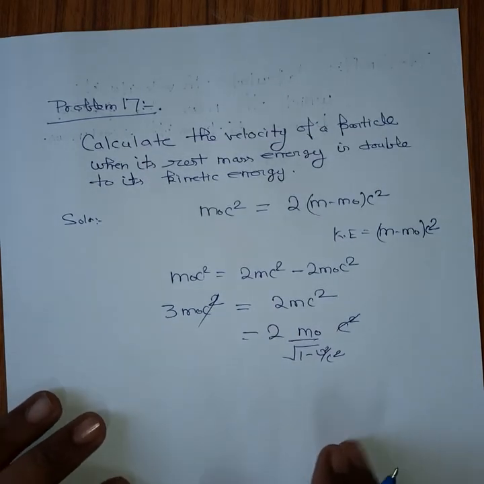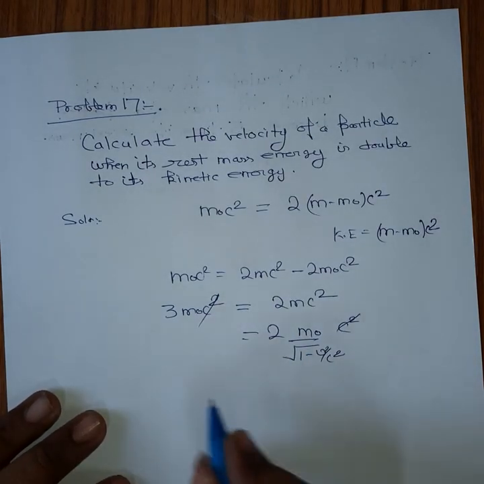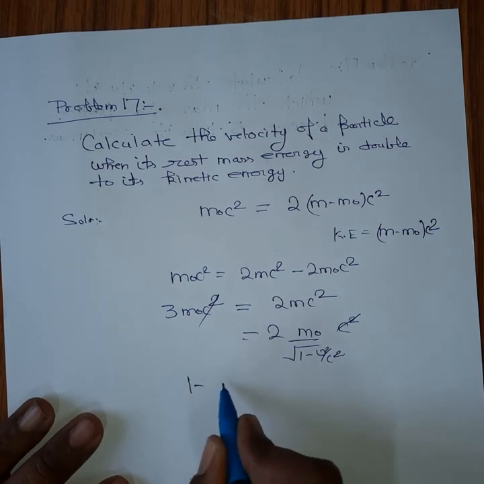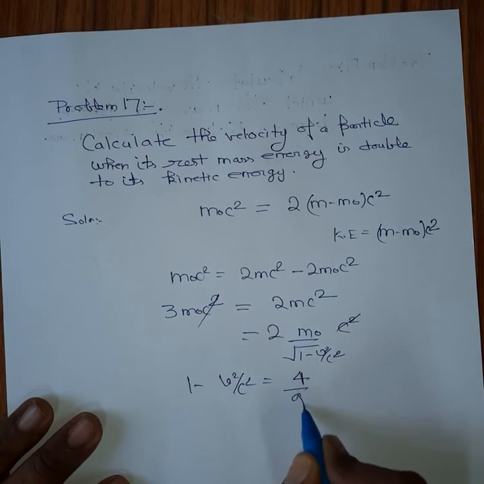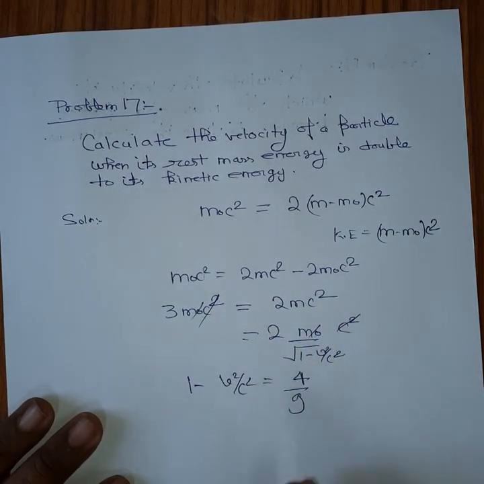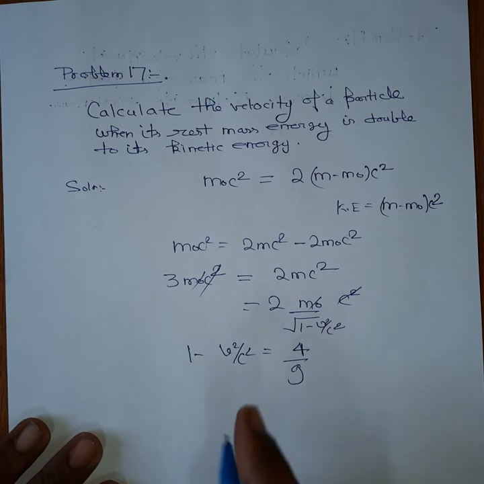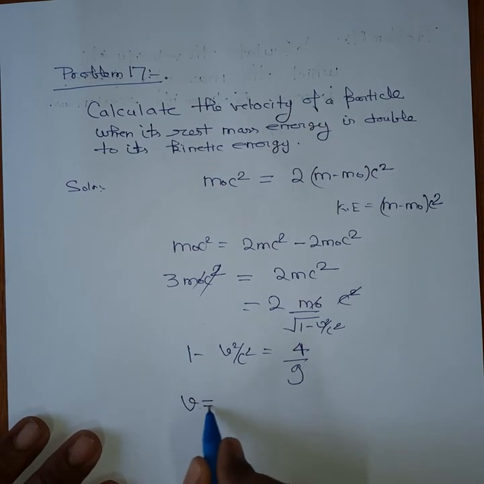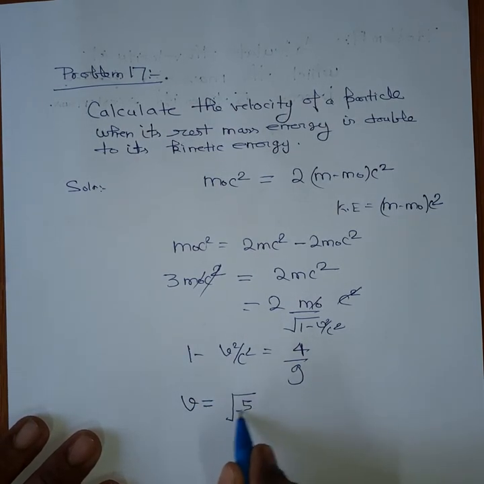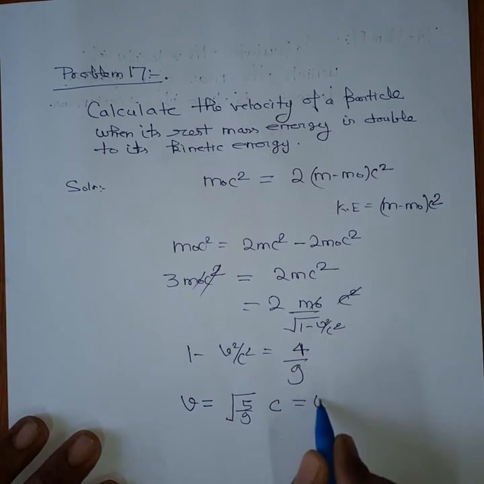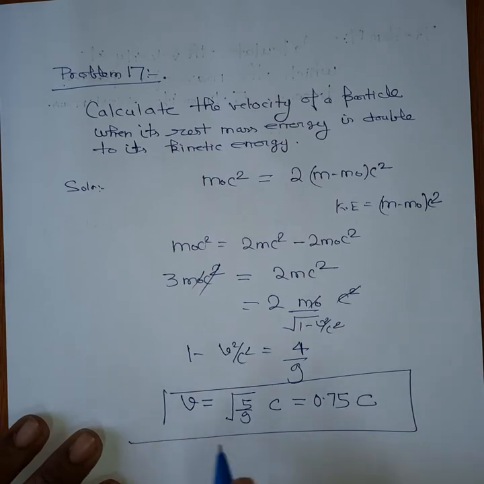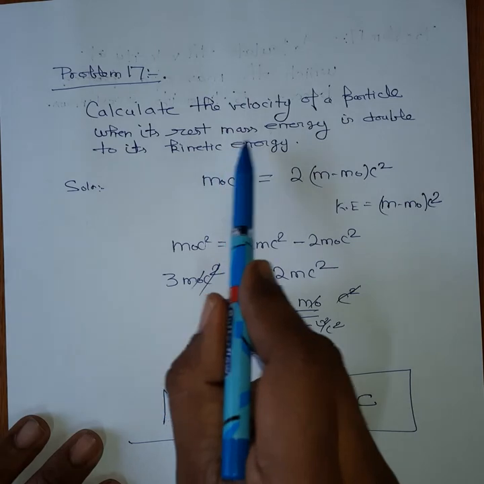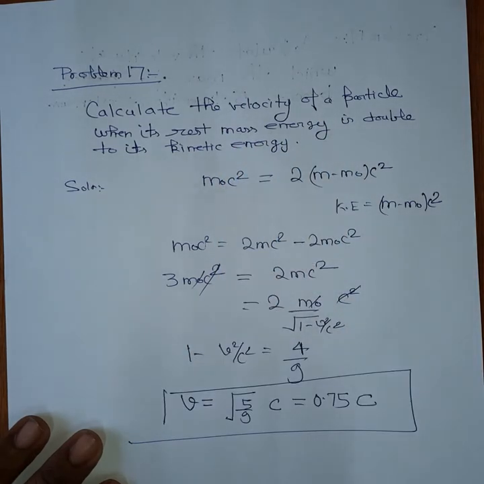So you will get 1 − v²/c² = 4/9. If we further solve it, you will find that v is equal to root 5 by 3 c, and hence its value will be equal to 0.75c. So this is the velocity of a particle when its rest mass energy becomes double its kinetic energy.